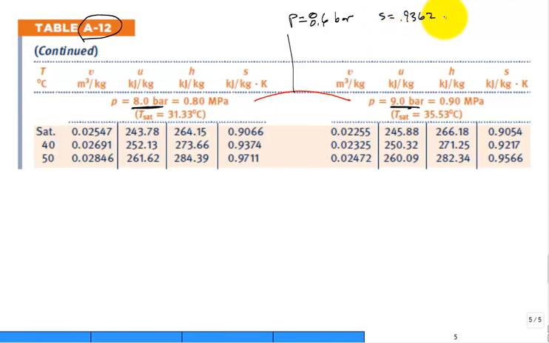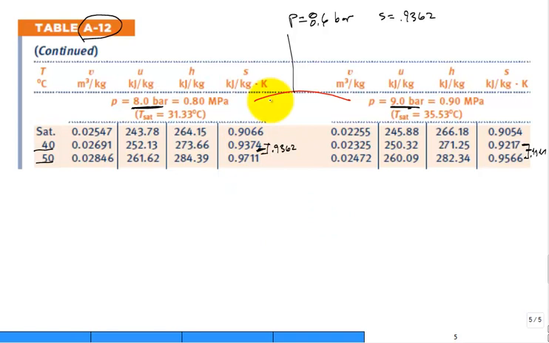So you look down in here and you say, well, that's in between the 40 and the 50 in this pressure block. And it's also between the 40 degrees C and 50 degrees C line in this pressure block for the entropy. Maybe I just put that 0.9362 falls in between. So we can set up an interpolation using those values.